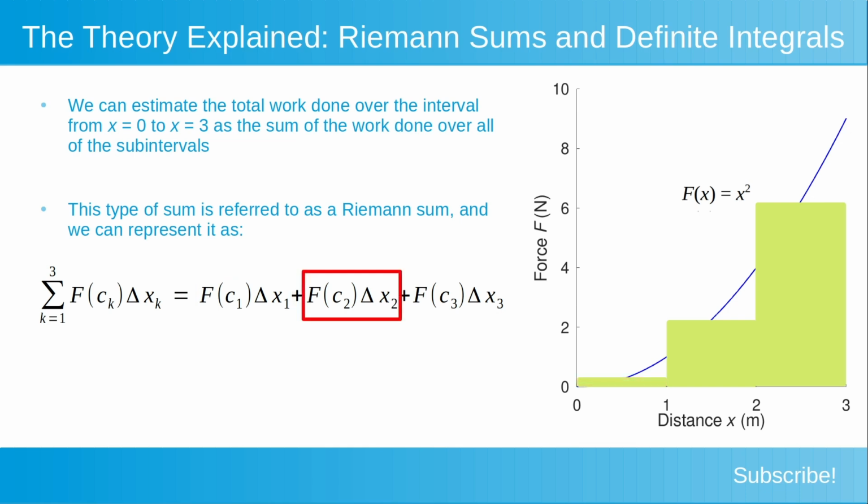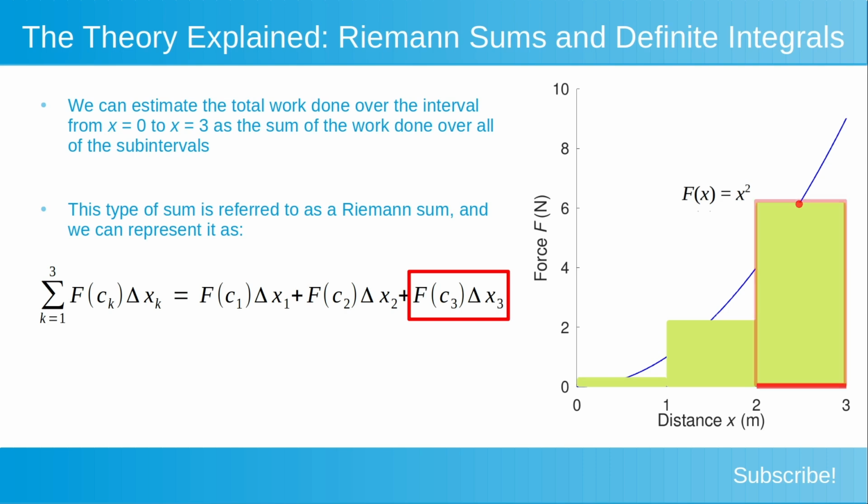Our f of c2 times delta x2, that's equal to the force at c2 multiplied by the distance delta x2, which gives a value of work which is equal to the area shown highlighted to the right of the screen now. And f of c3 times delta x3, that's equal to the force F at c3 multiplied by the distance delta x3.